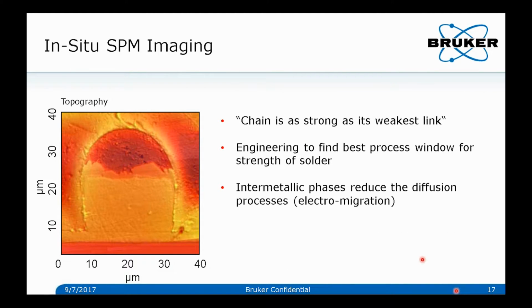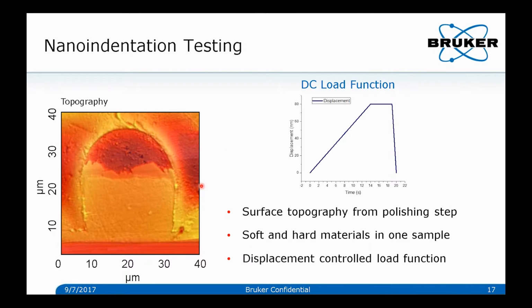The cross-section topography you can see here. The copper component is on the bottom, and on the top you have the softer solder material, and in between you actually have a couple of different intermetallic phases which reduce the diffusion processes for electromigration. So this is just a cross-section and topographical image, and this is used to identify the regions that we want to test.